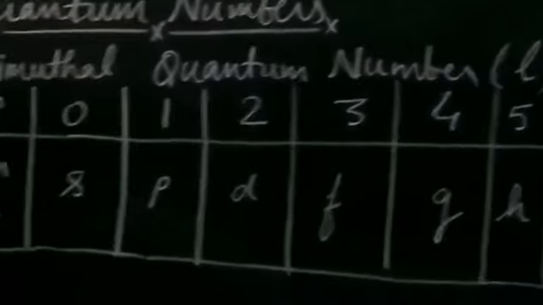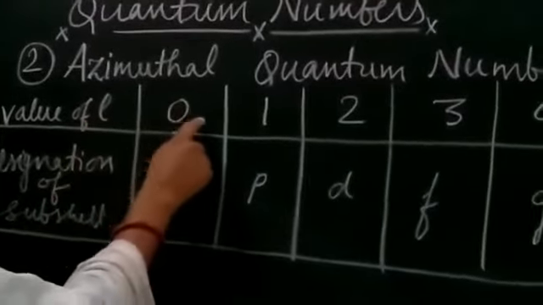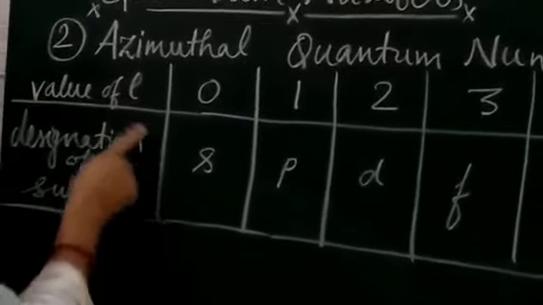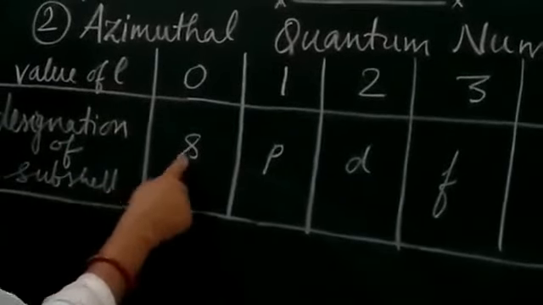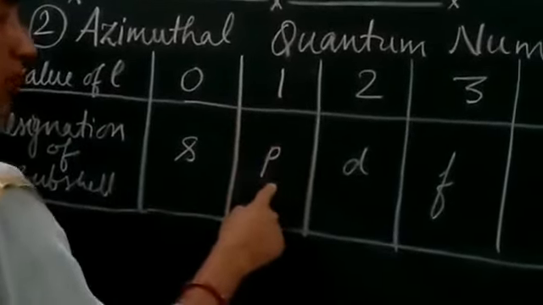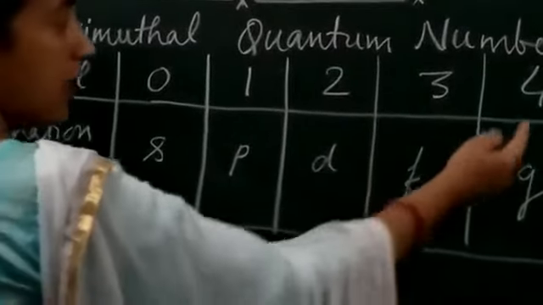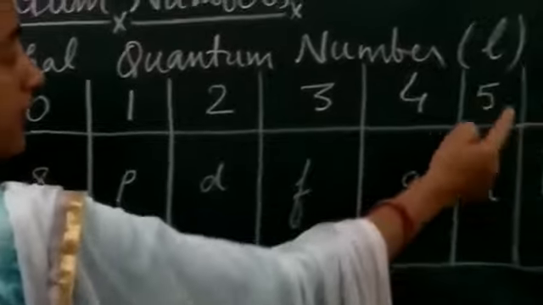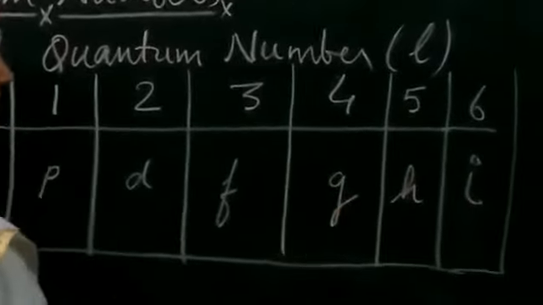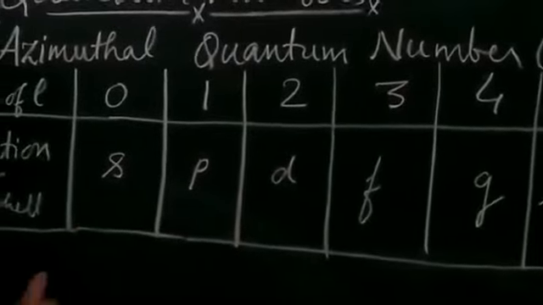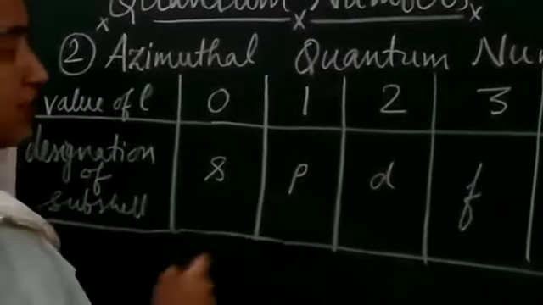Now here you can see that if the value of L is 0, right, then the subshell is designated by small s, then if it is 1 it will be small p, then 2 it will be d, 3 it will be f, 4 it is g, 5 it is h, and 6 it is i. You can see here that all the letters are small, so don't forget to write them in small letters, right?